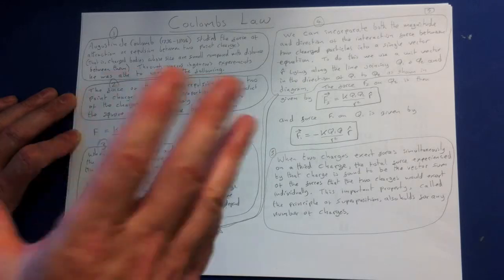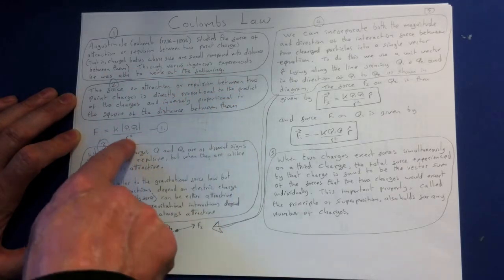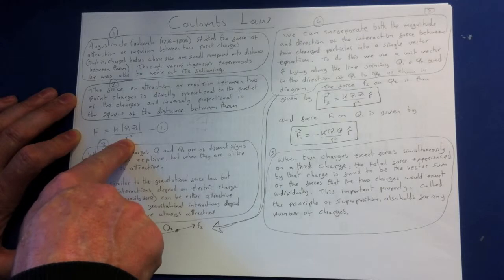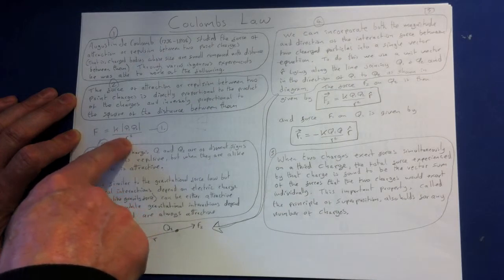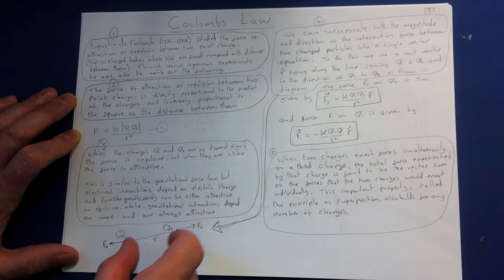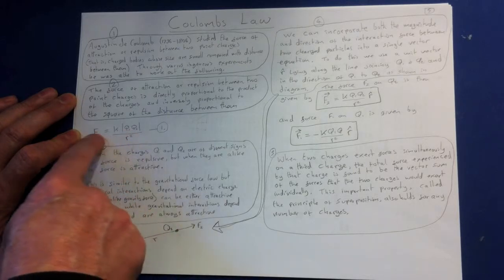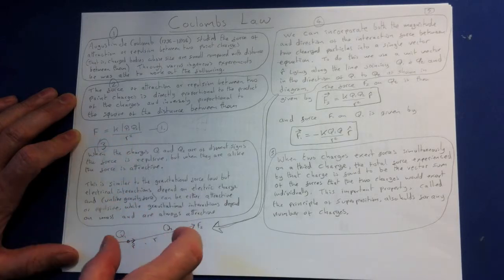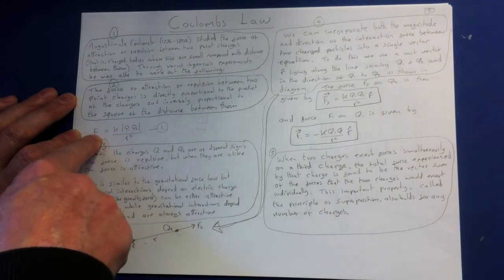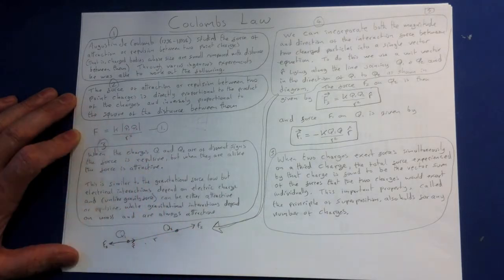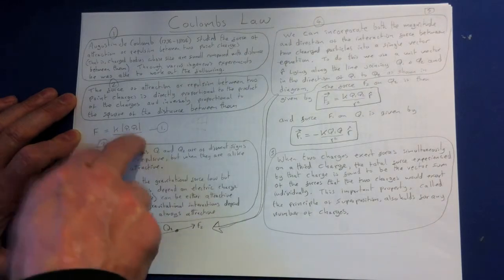So the further you go apart, the more this r squared thing is going to reduce the force. Similarly, if the charges get very, very close, then r becomes very, very small, and if you can imagine, in the extreme where r is 0, then you're going to get huge force. Well, they'll never actually be touching, but as they get close, you're going to get a larger force. So that's Coulomb's law.